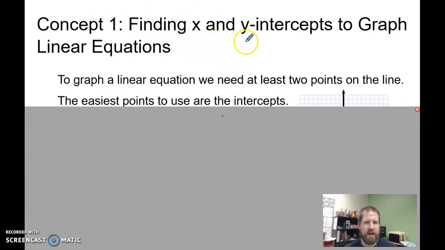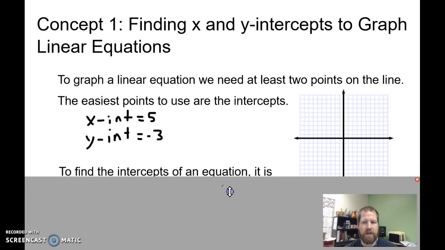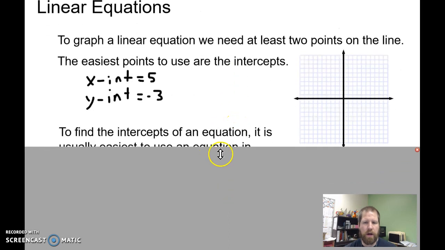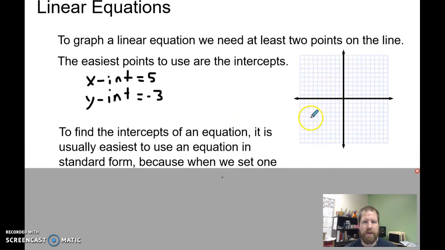So we are finding our x and y intercepts in order to graph linear equations. As I said, we need 2 points on our line to be able to graph our equation, and intercepts are the easiest to use. Right here I'm given the x-intercept is 5. So on my x-axis I count 1, 2, 3, 4, 5. Put my point.